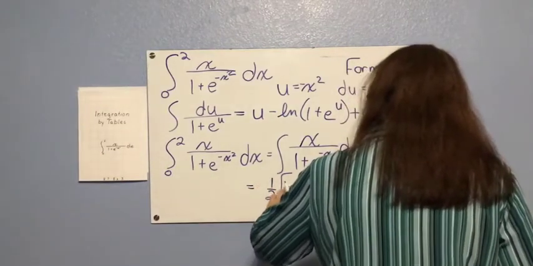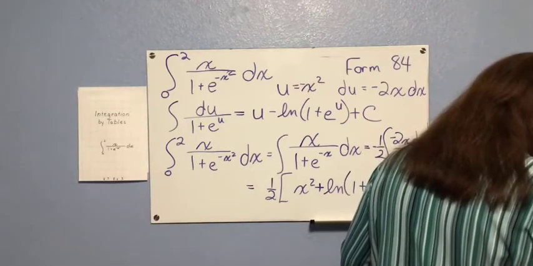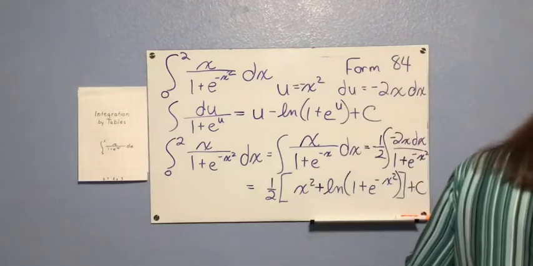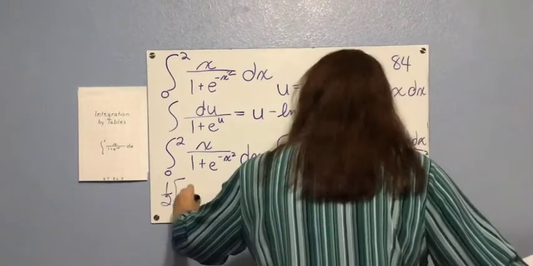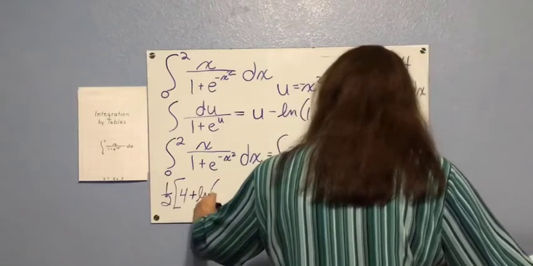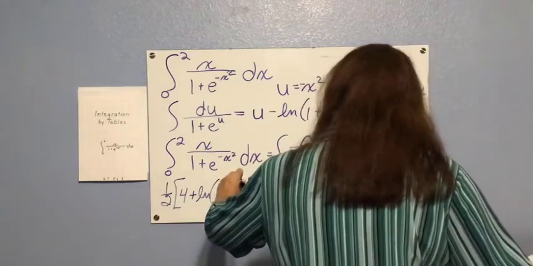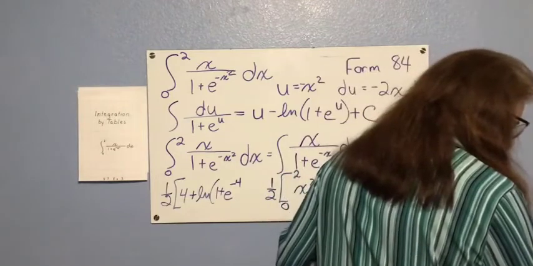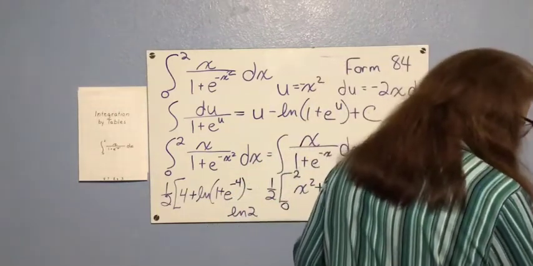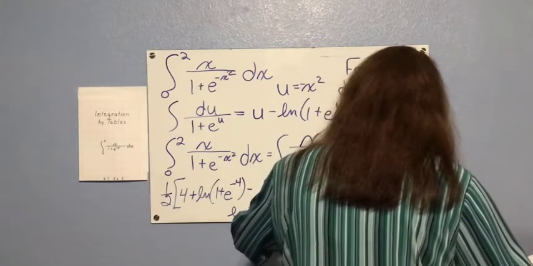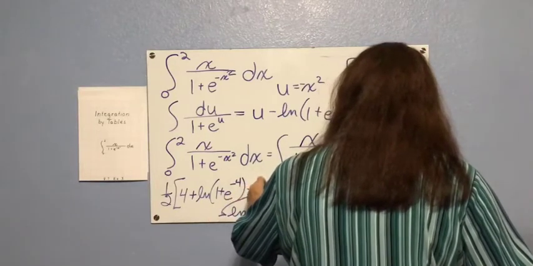So that's positive 1/2, positive x squared, positive natural log, and we're going to evaluate from 0 to 2, plus natural log of 1 plus e to the negative 4 minus natural log of 2, which is approximately equal to 1.66.